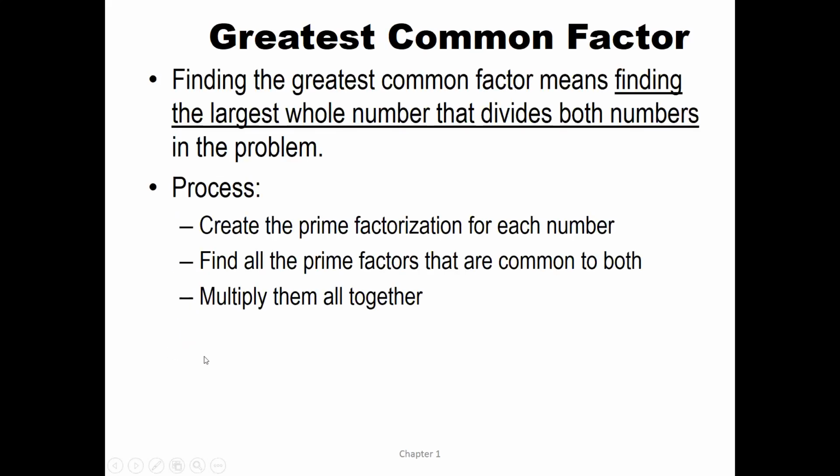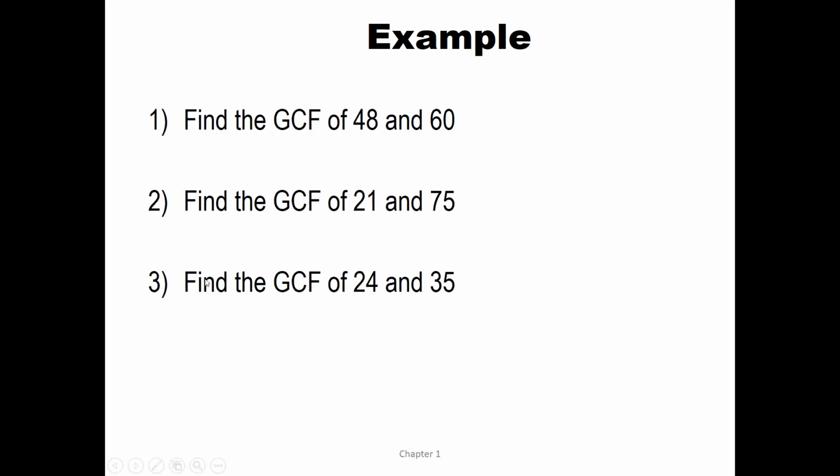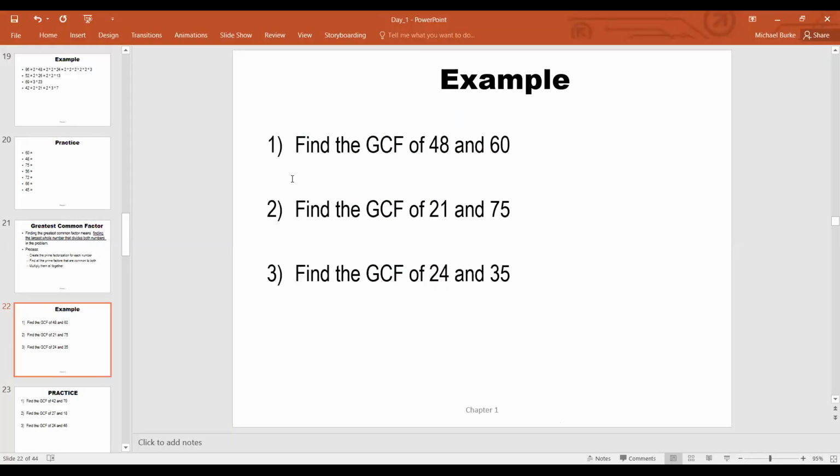Greatest common factor is a process by which we do a prime factorization for each number, find all of those that are common to both, and multiply them together. We will do these in class on Wednesday, but the way we do this is we set up a prime factorization. I'm just going to write on here.